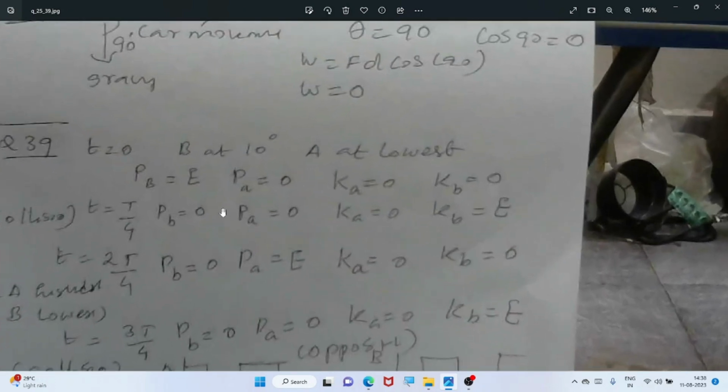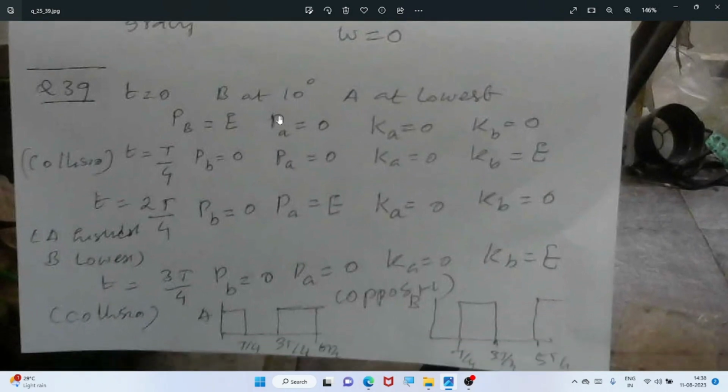So here you see, when t equal to 0, the potential energy of pendulum B will have the total energy. The potential energy of A will be at the bottom, so 0. Kinetic energy of A is also 0. Kinetic energy of B also is 0.